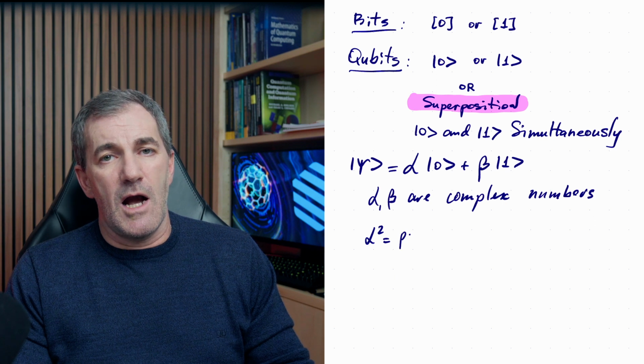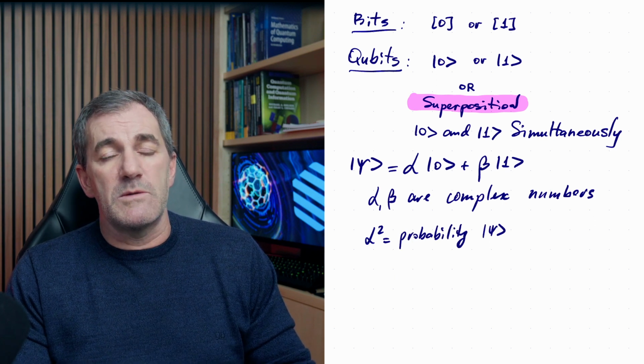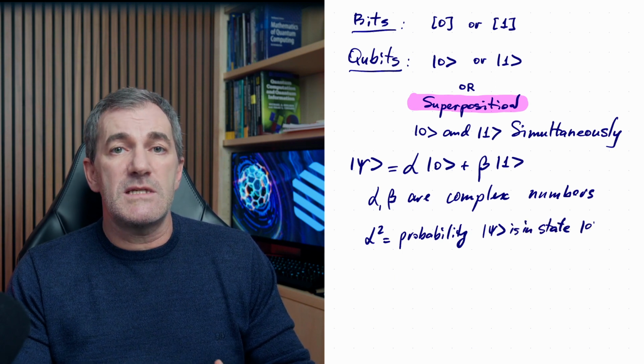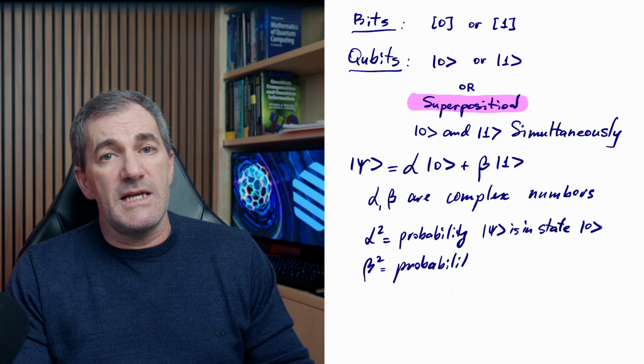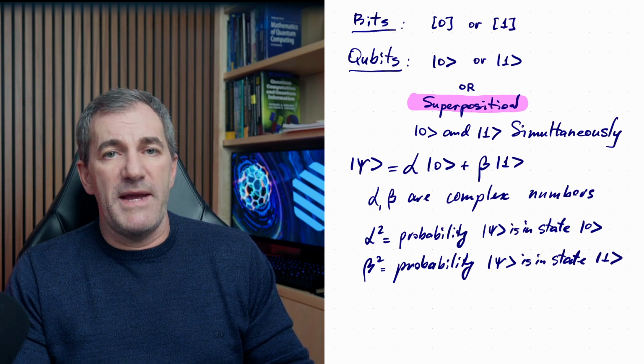Alpha and beta are complex numbers, but this should not concern us in this course. What's important to understand is that upon measurement of the qubit state, the probability that we will measure 0 is exactly equal to alpha squared, and the probability of the qubit being in state 1 is equal to beta squared.